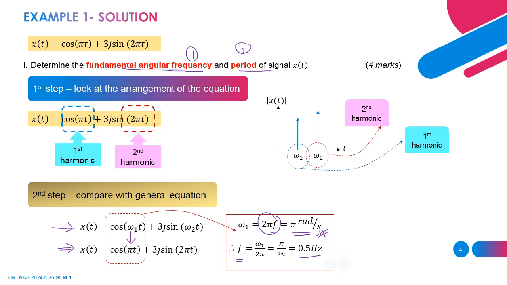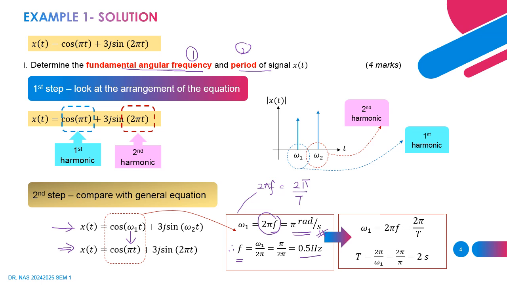So next you need to calculate the period of the signal. From here, ω equals 2πf, or it is also equal to 2π over T. So you can calculate your period: T equals 2π over ω, which is 2 seconds. Don't forget to write the unit as well.